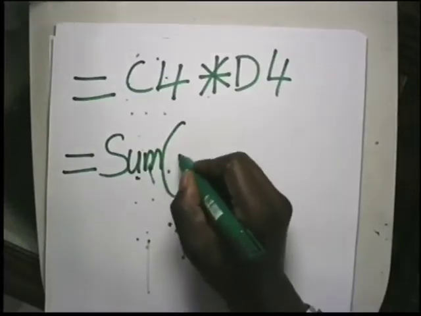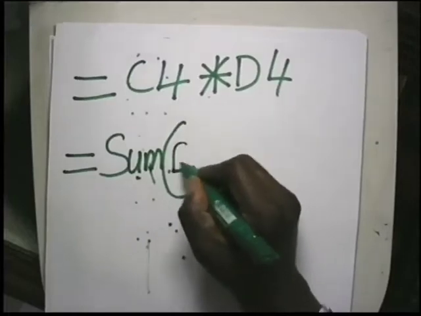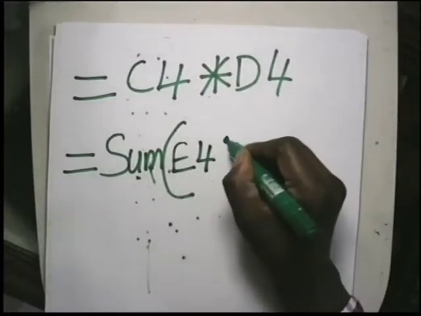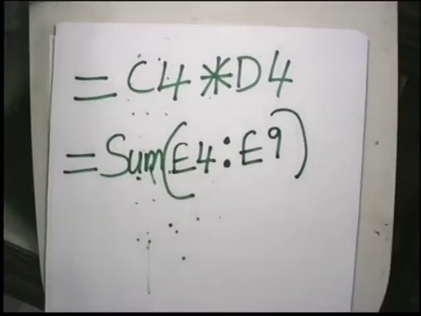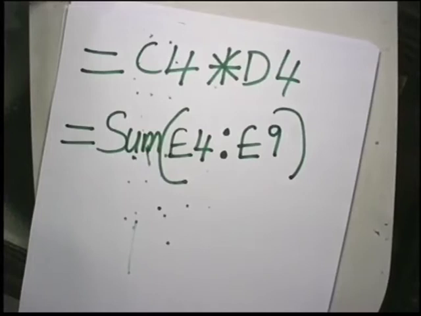So you say equal sum, open a bracket, E4 to E9. Close the brackets. That is the answer to that question. A function, a formula that was used in cell E10.